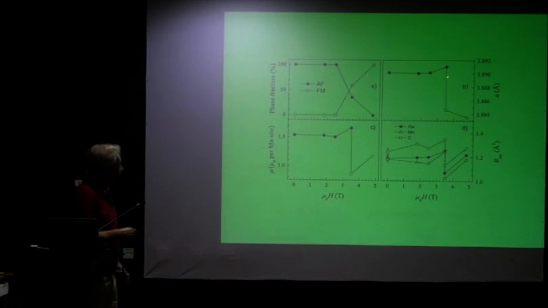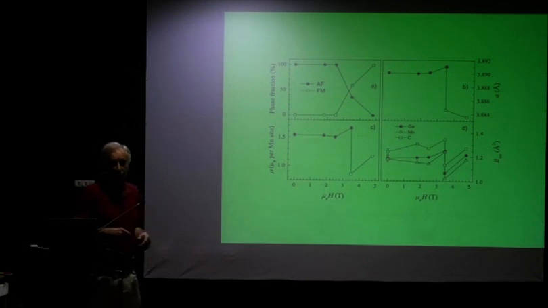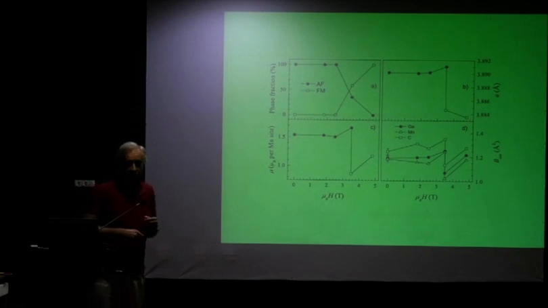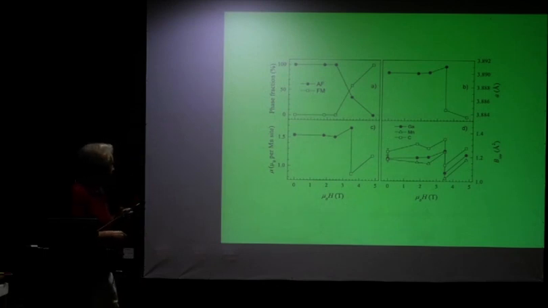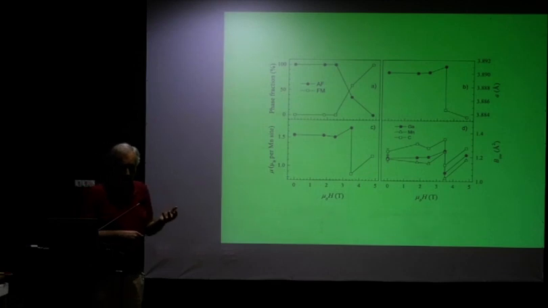If you look at the lattice parameters, the low temperature lattice parameters are large, the A parameter, and then there's a coexisting state here. This is not a drop, it's a coexisting state of the high volume and the low volume states here. And then this actually also disappears. And you can extract information like things on the magnetic moment. You see here that the magnetic moment in the antiferromagnetic state is larger than the magnetic moment in the ferromagnetic state.